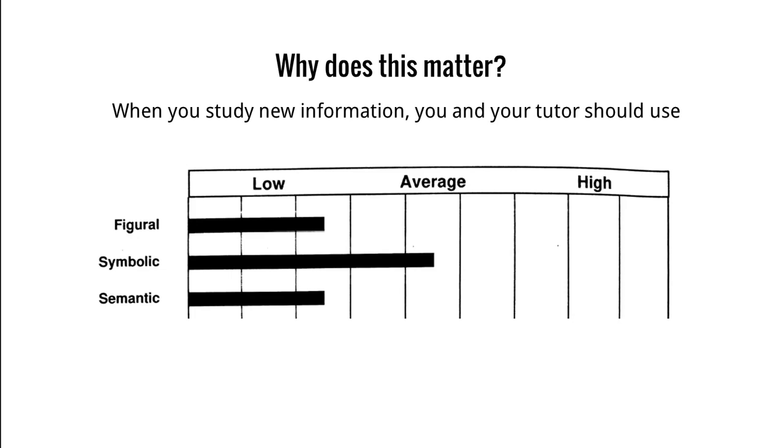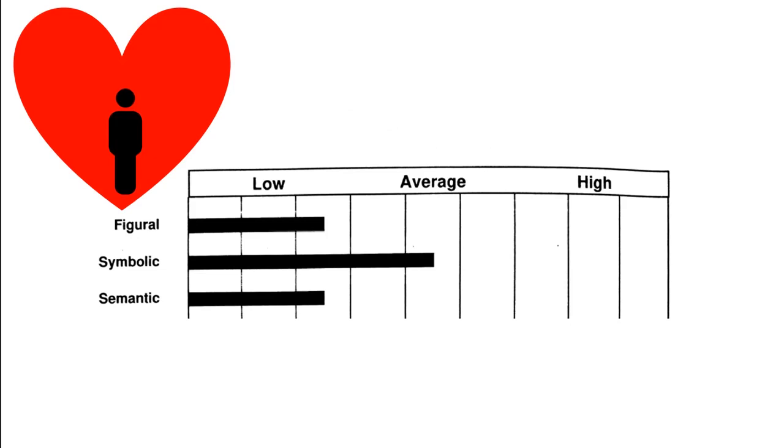But when you study new information, you and your tutor should use study techniques that fit your current preferences and your strengths. So, for example, let's imagine that you are a symbolic learner, and a lot of the students I have worked with that are really stuck on TOEFL iBT actually are symbolic learners.